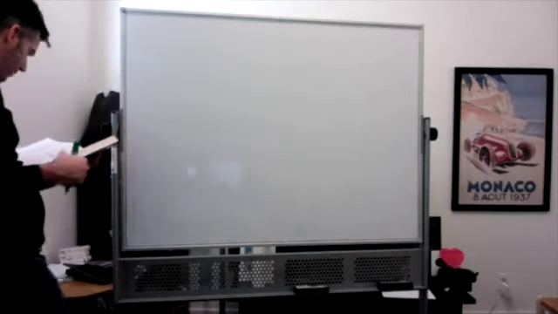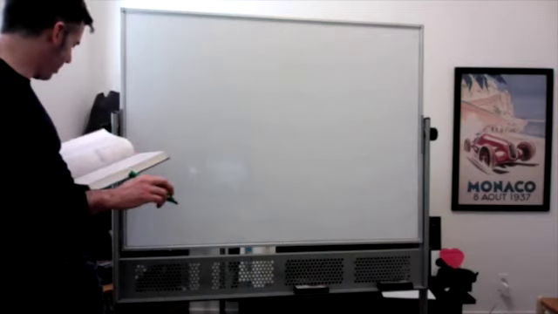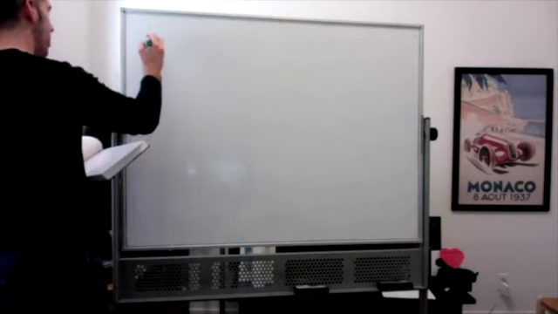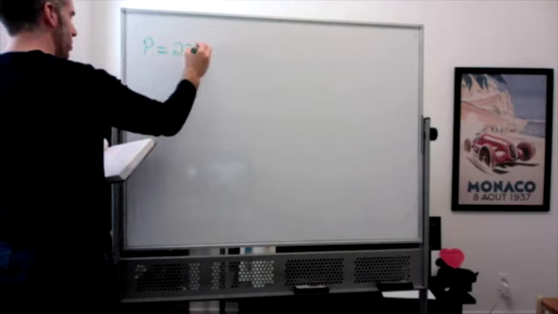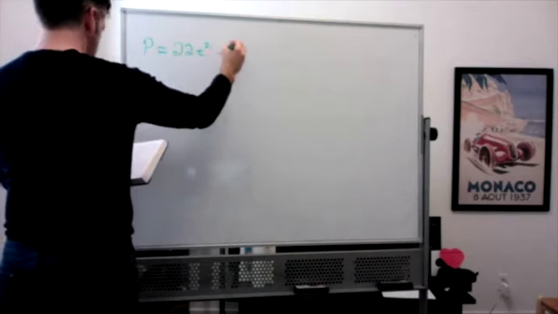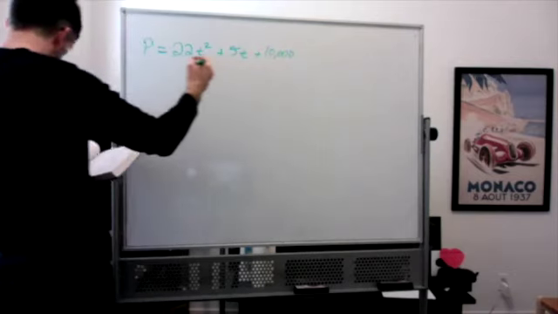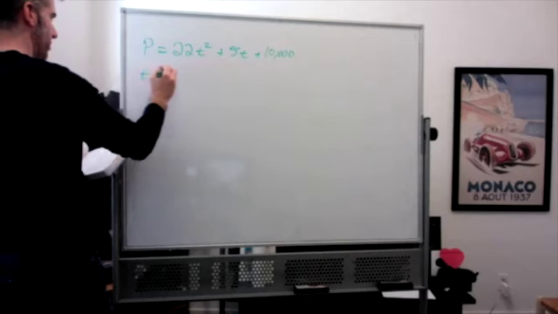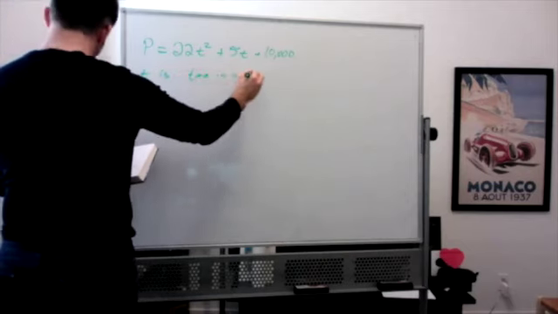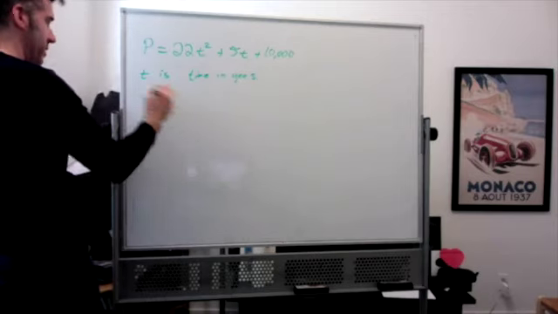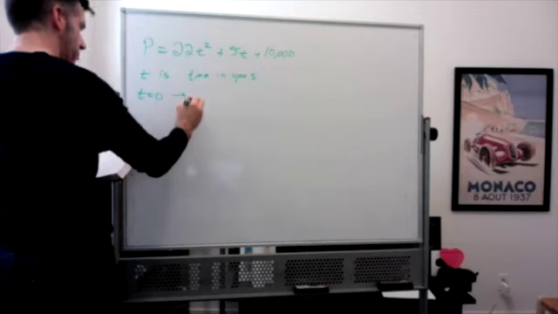This is problem 32 from the same section. The population of a developing rural area has been growing according to the model: the population P is equal to 22t squared plus 5t plus 10,000, where t is time in years, and t equals 0 corresponds to the year 1990.